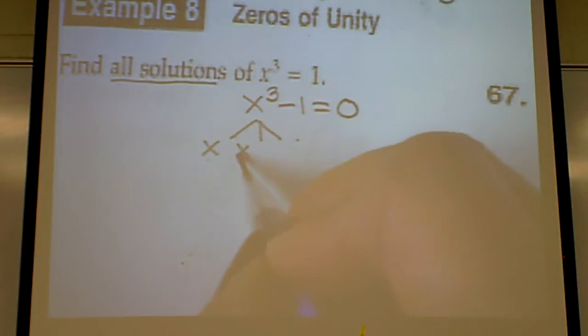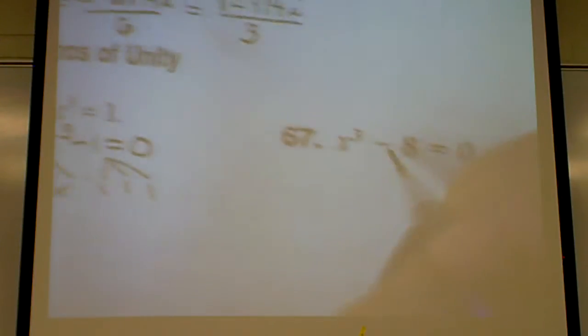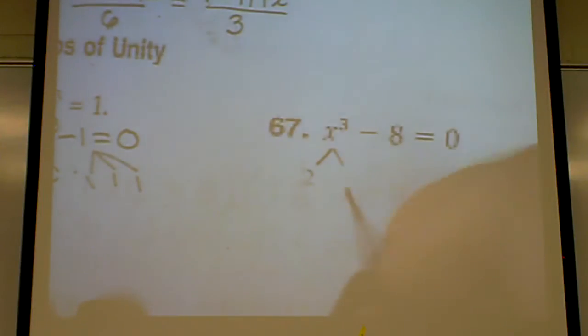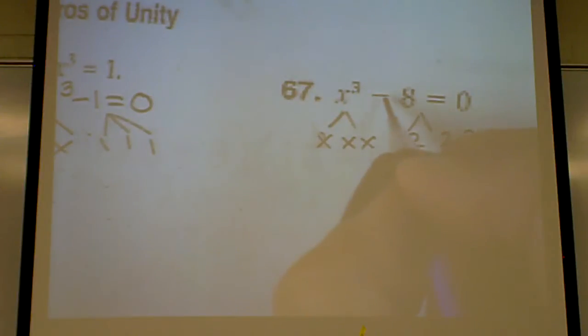See, this is x, x, x, and this is 1, 1, 1. And this one is x, x, x, and this is 2, 2, 2. When you have two terms and they're both cubes, this can be a minus or it could be a plus.